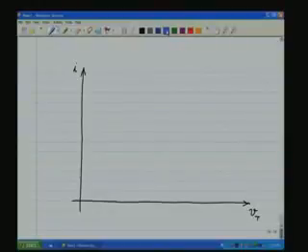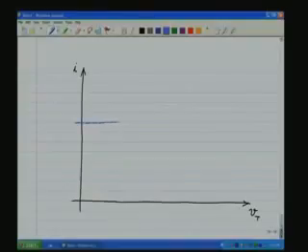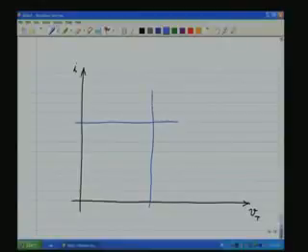I told you just now that the photovoltaic cell behaves both as a current source and a voltage source. A current source implies a horizontal line like that. A voltage source implies a vertical line, something like that.